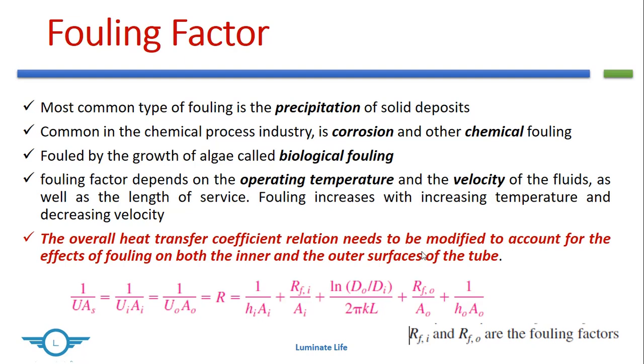But as a designer, we need to account for a minimal amount of fouling inside and outside to determine the heat transfer coefficient, because this overall heat transfer coefficient directly translates into the dimensions of the heat exchanger. If we do not estimate the overall heat transfer coefficient properly, then we might need a larger tube size, or we might end up with a lower heat transfer rate for a particular design.